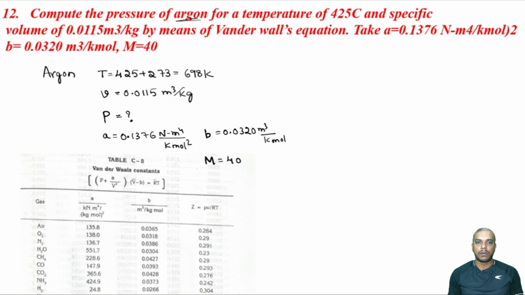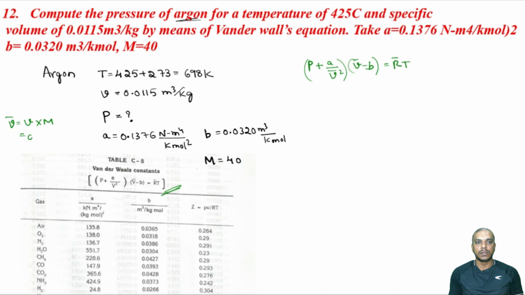Alright. We will copy the equation from here, or if you remember, that is also good. Vander Waals equation is given by P plus A by V bar square into V bar minus B is equal to R bar T. V bar we will have to find out. V bar is equal to specific volume into molecular weight.